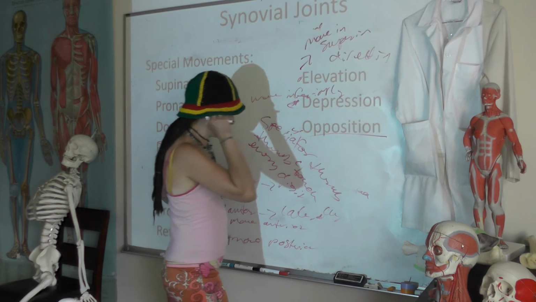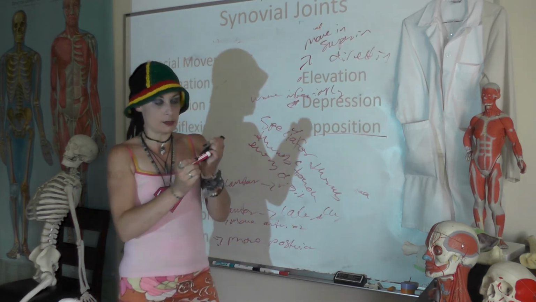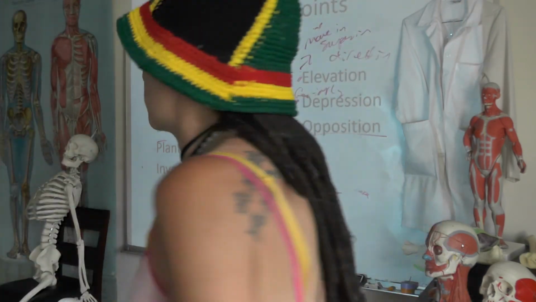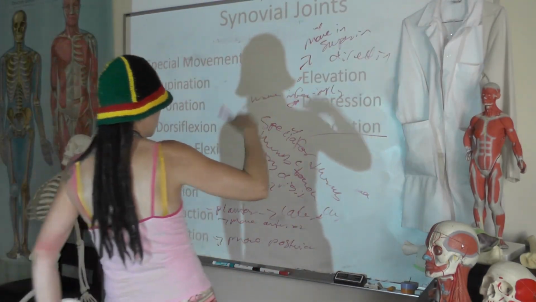Apes who have opposable thumbs are also tool users because they'll stick their little stick into a termite hole, and the termites crawl up it. Then they use the tool to eat their termite. Pretty cool. You've got to have opposable thumbs to use tools.